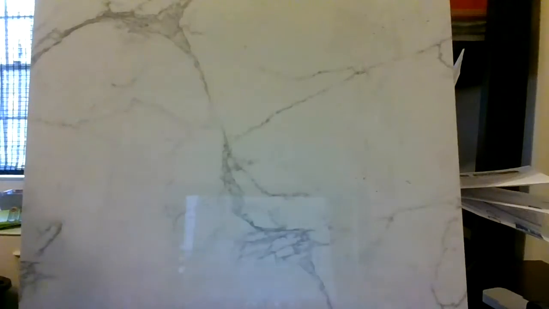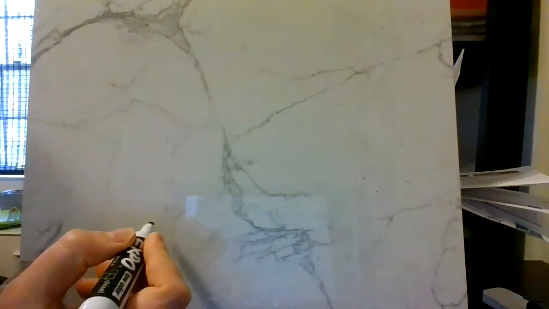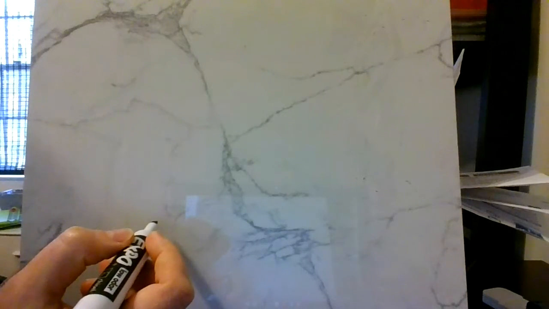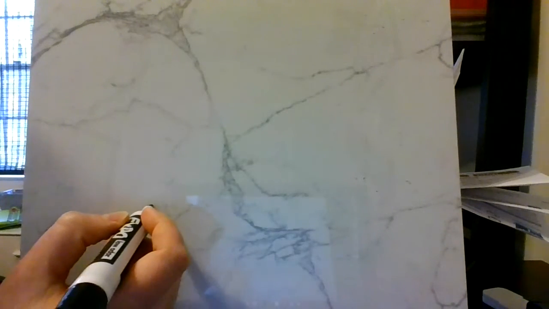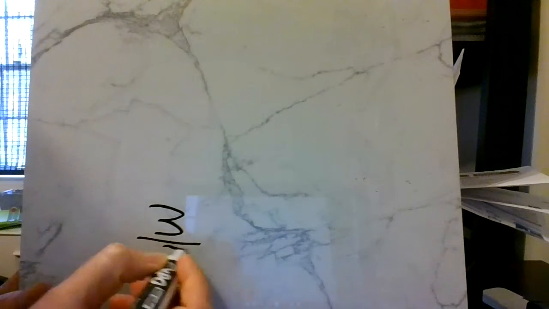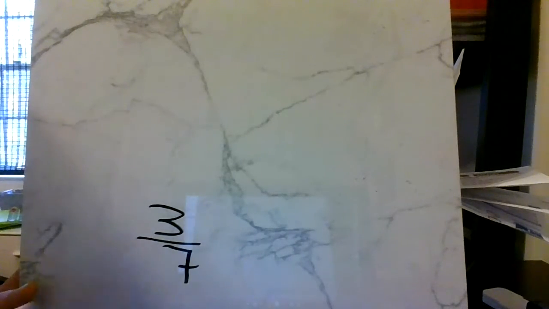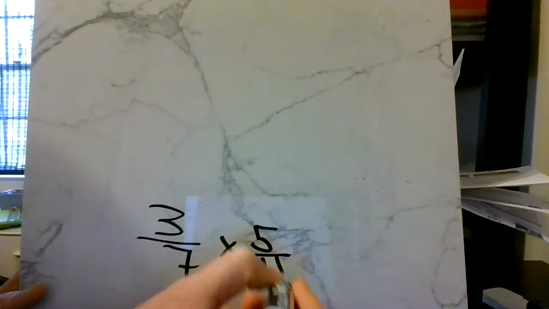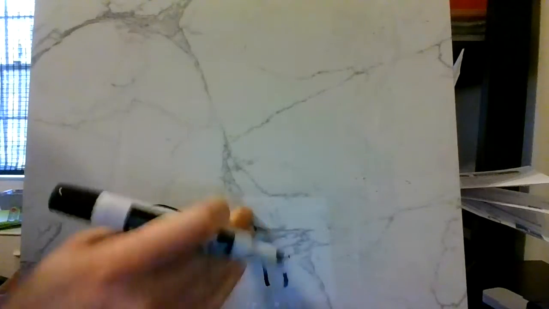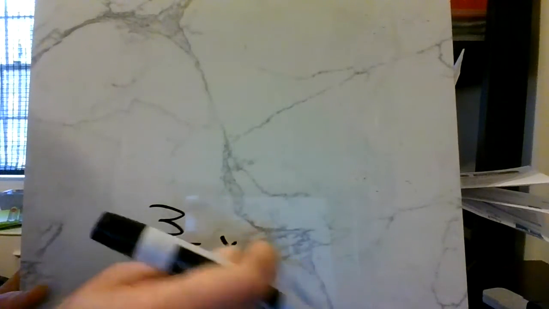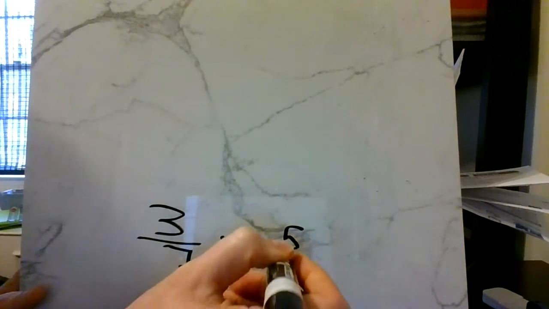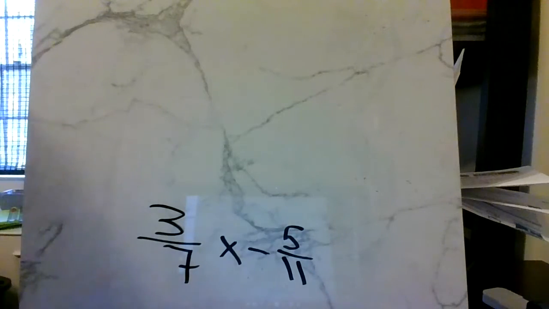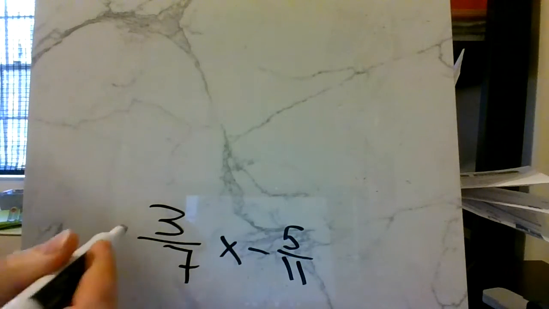Okay, let's do 3/7 times, let's do negative 5/11. So negative 5 over 11. Now, positive times negative.